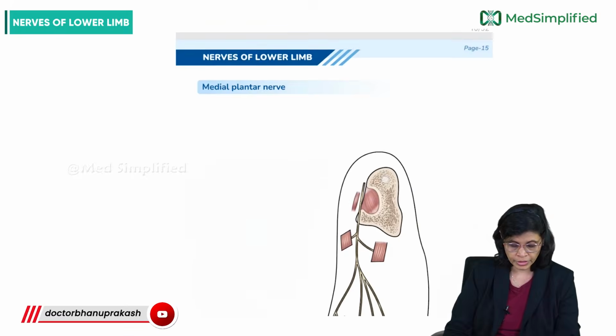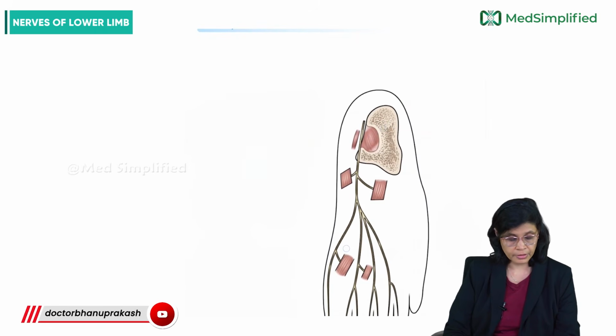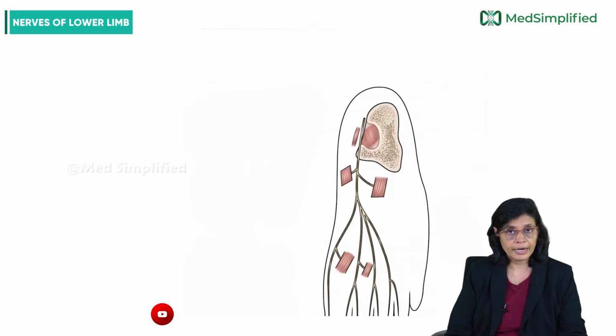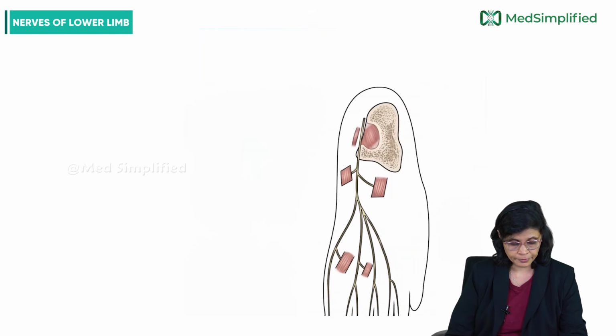Next we will move on to the branches of the tibial nerve in the foot. We have the medial plantar and the lateral plantar nerves, which are the terminal branches of the tibial nerve.